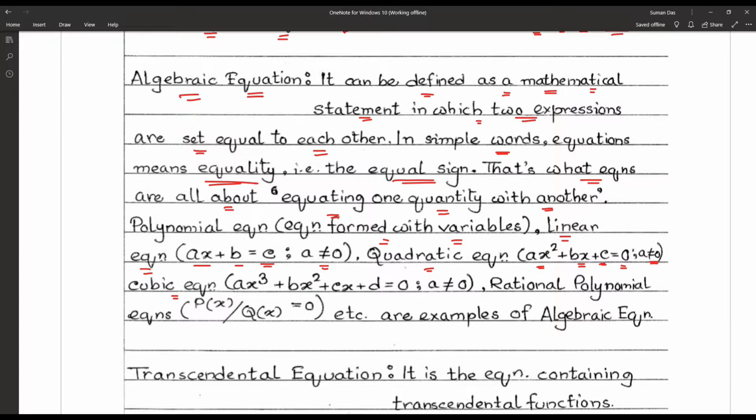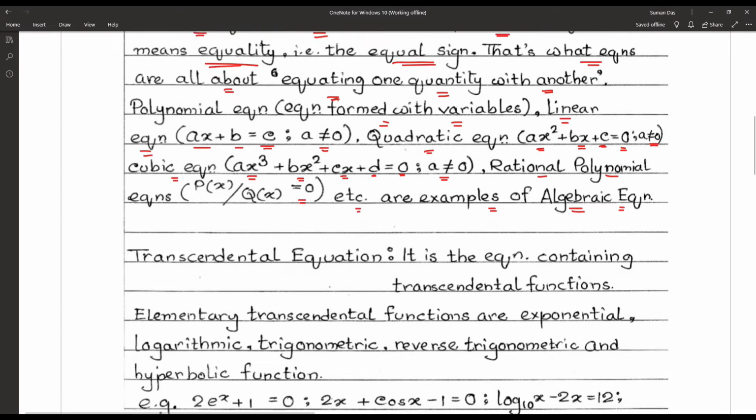Cubic equation ax cube plus bx square plus cx plus d is equal to 0 where a is not equal to 0. The rational polynomial equations such as px upon qx is equal to 0, etc. are examples of the algebraic equation.